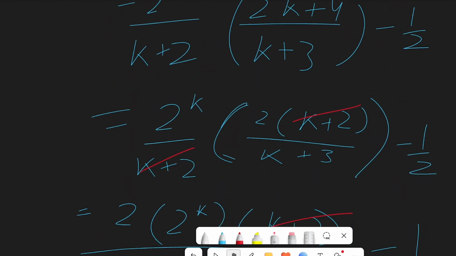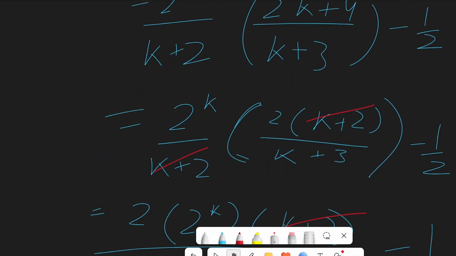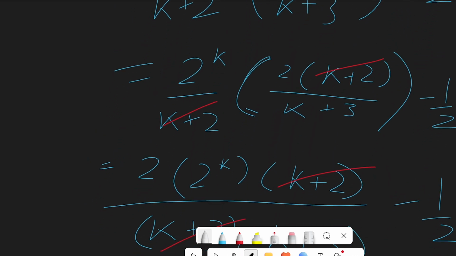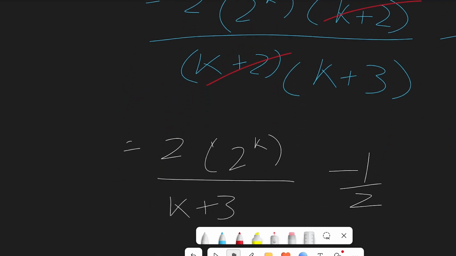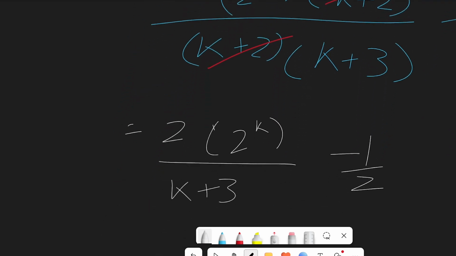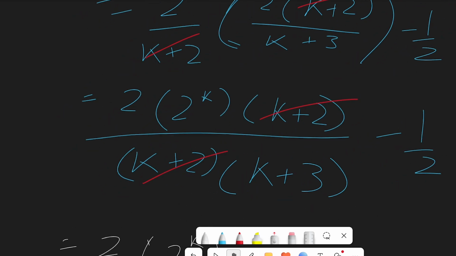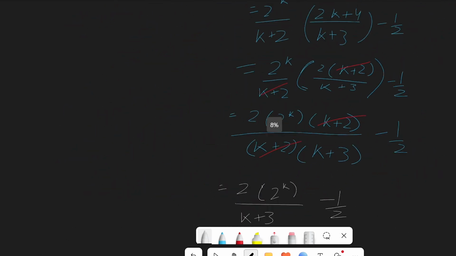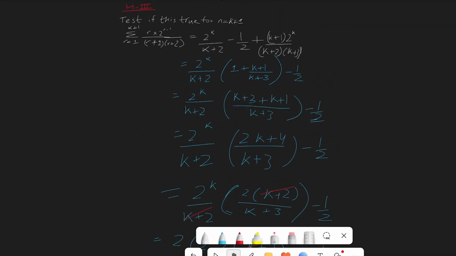Yeah. 2 power k into 2. That is the problem over here, that this 2 needs to cancel out somehow. What if we had a k plus 6 in the denominator? That wouldn't work. That is not possible. K plus 3 and k plus 2 are the denominators.